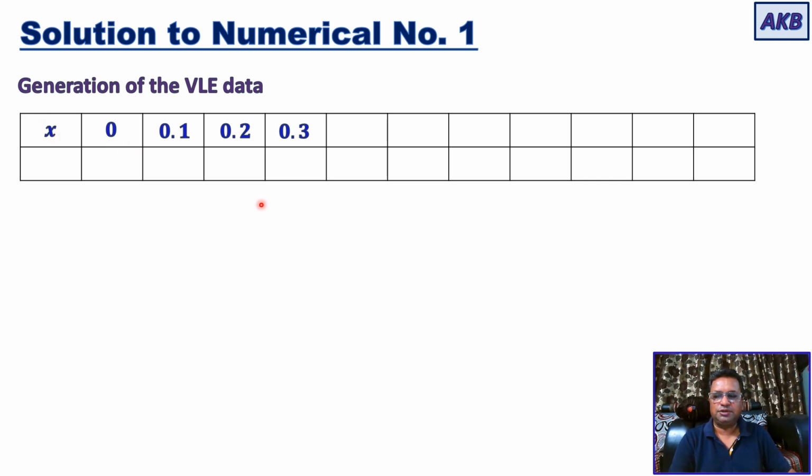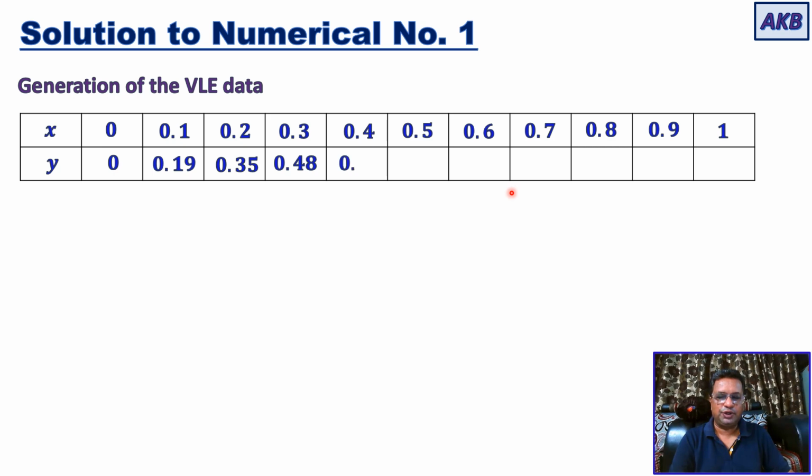So the selected values of x are 0.1, 0.2, 0.3, 0.4, 0.5, 0.6, 0.7, 0.8, 0.9 and 1, and the corresponding y values are 0, 0.19, 0.35, 0.48, 0.59, 0.68, 0.76, 0.83, 0.90, 0.95 and finally 1.